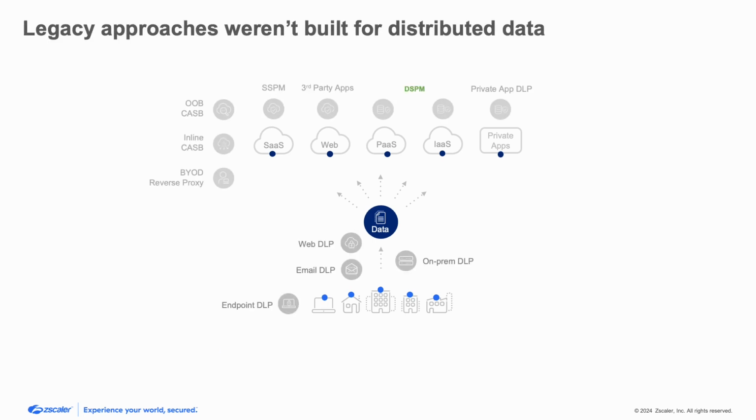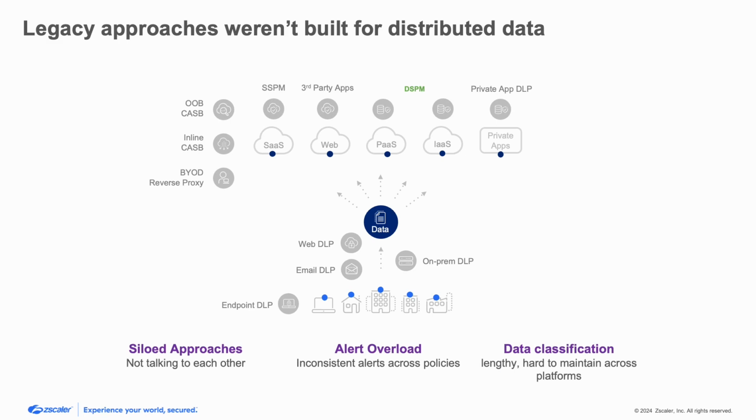Now, over time, the industry has moved from single point solutions that were first focused on on-premise and channels like web DLP and email DLP, and evolved towards the public cloud: CSPM or CNAPP solutions, SSPM solutions that look into SaaS applications, CASB that looks into some of the aspects, and many more.